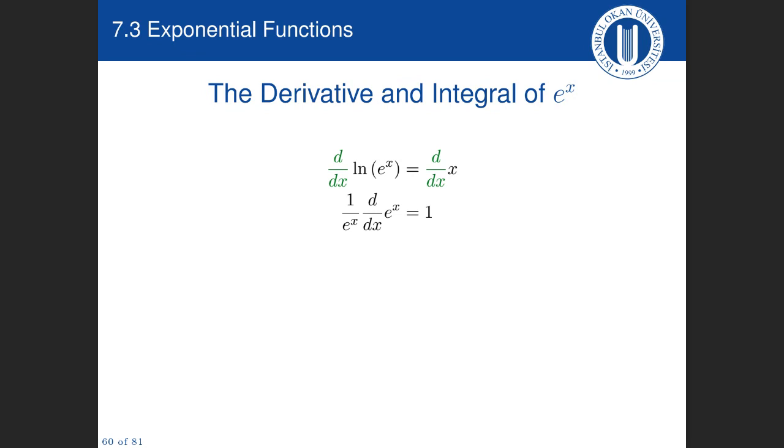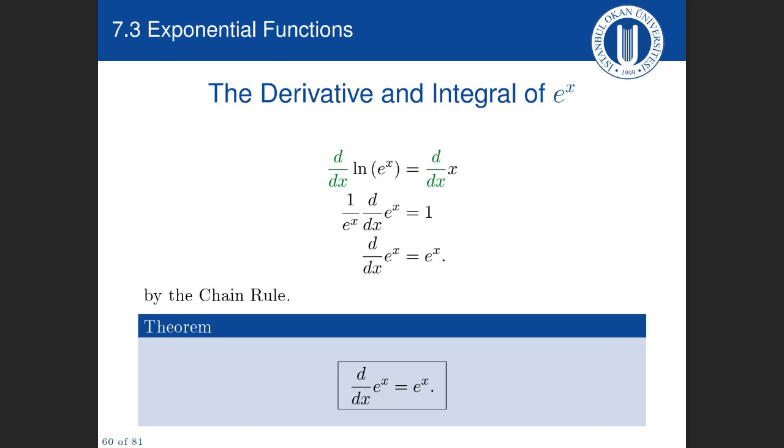On the left, I get 1 divided by e to the power of x, d dx of e to the power x. That's the chain rule. And on the right-hand side, the derivative of x with respect to x is 1. Rearrange this. The derivative of e to the power of x is e to the power x.